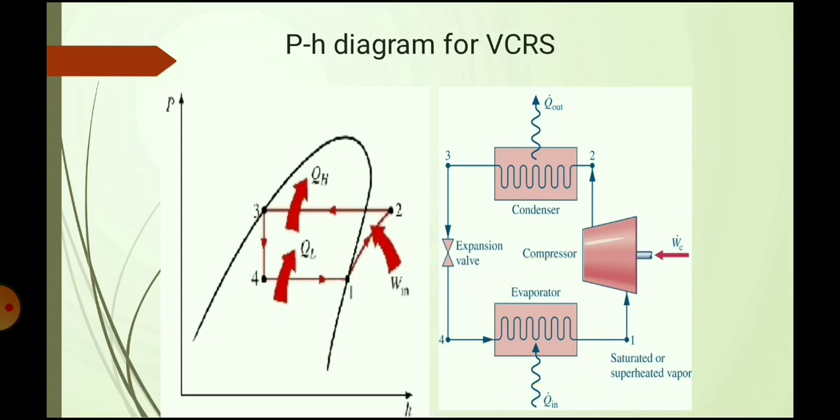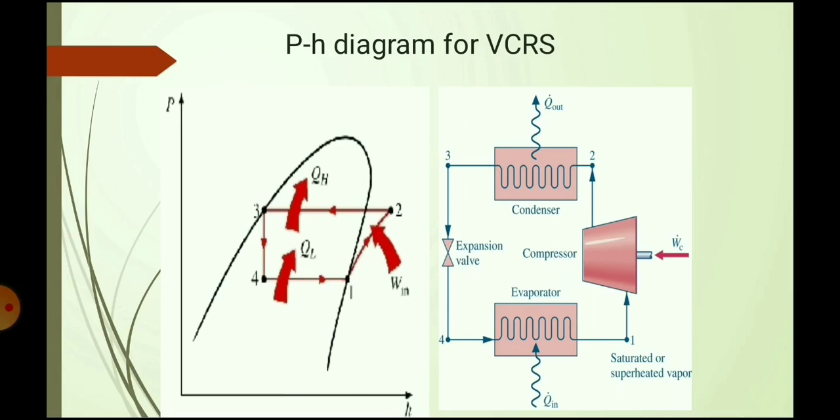That means the outlet point 1 should lie on the saturated vapor line, and the outlet of the condenser should be saturated liquid. That means point 3 should lie on the saturated liquid line. Clear? That is very important for the ideal VCRS.